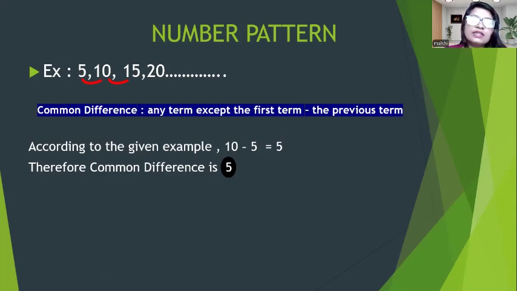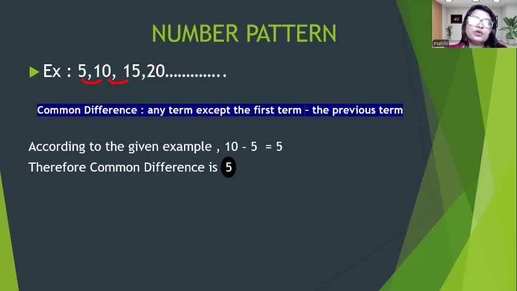So students, can you find the common difference of the given pattern? You can find the common difference using the first two terms, though not only those; I took an example of the first two terms.